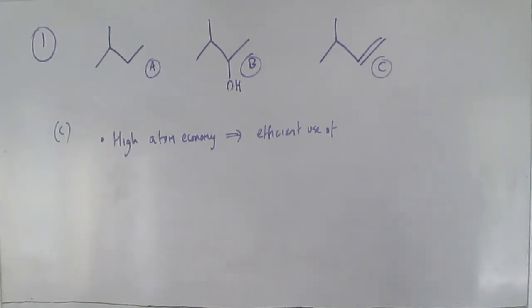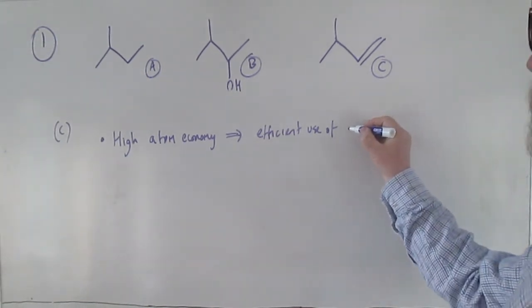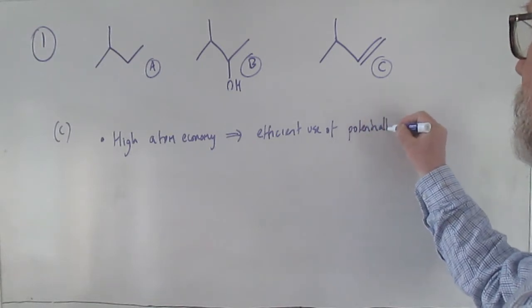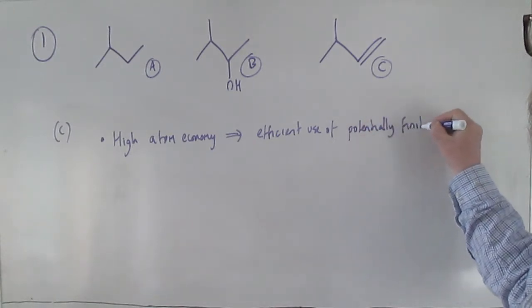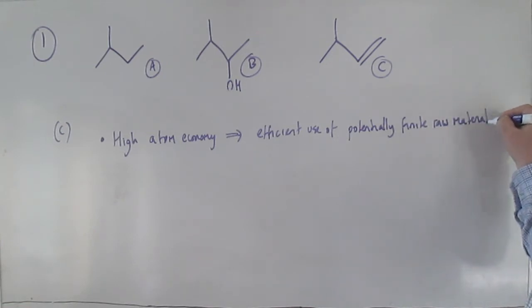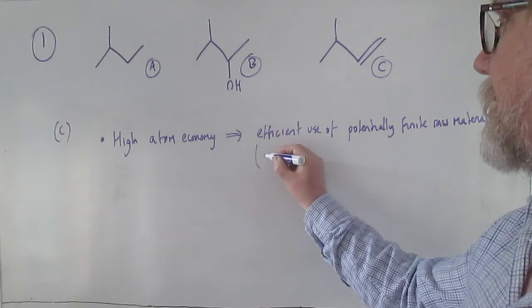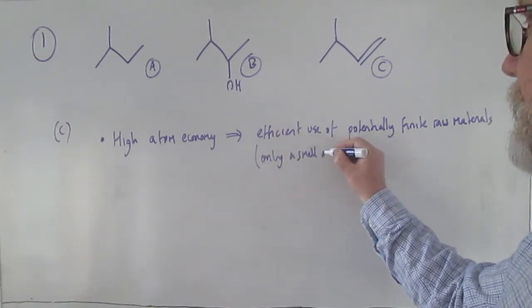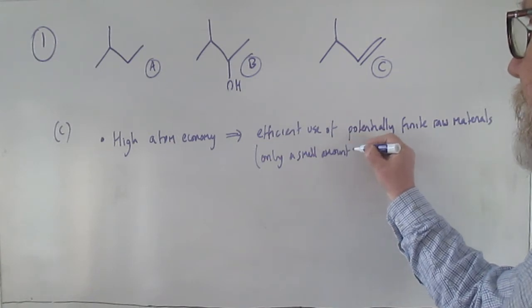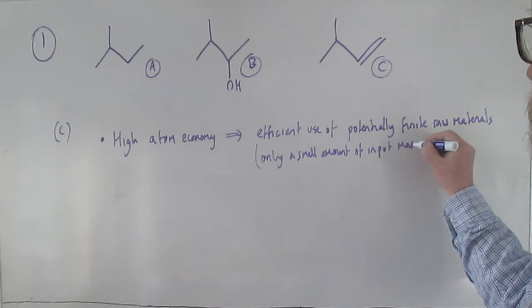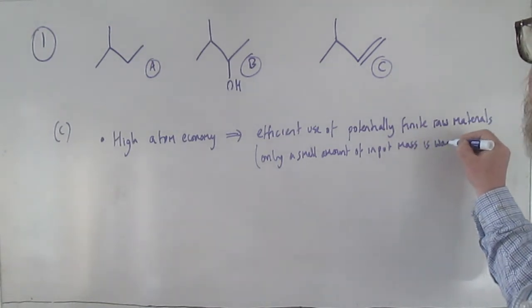We shouldn't just chuck it away unnecessarily. So high atom economy means efficient use of potentially finite raw materials, meaning they're going to run out one day. Okay, so only a small amount of the input mass is wasted. So that's the first thing.